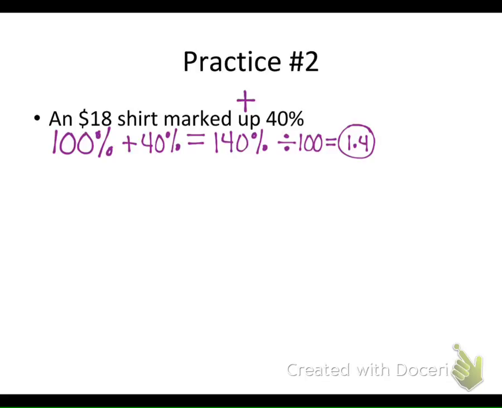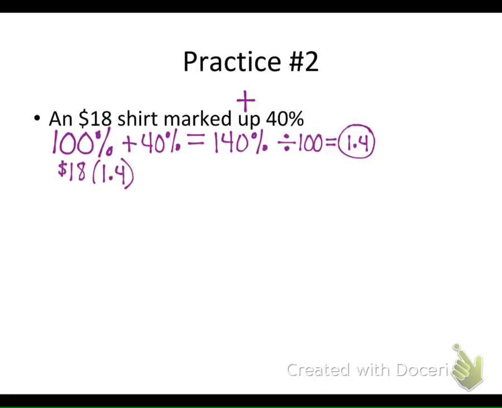So step 4 tells me to do what, Brendan? Okay, what's the original amount? 18 what? So I have $18 times my multiplier, which is, what's my multiplier? 1.4.